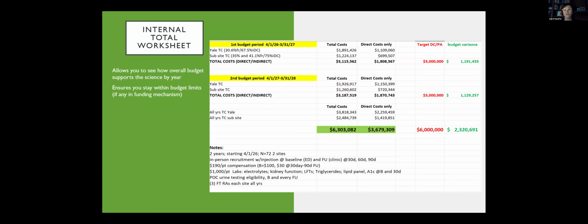Like NHLBI really never let you put in extra ever. They were always a pain in the neck. Some other people, I have gotten an okay to put in a little extra over the years, but I would be very hesitant to do too much without really talking to the project officer. And even though you don't have to have an official okay, they will tell you whether they think it'll go or it'll fly or not.